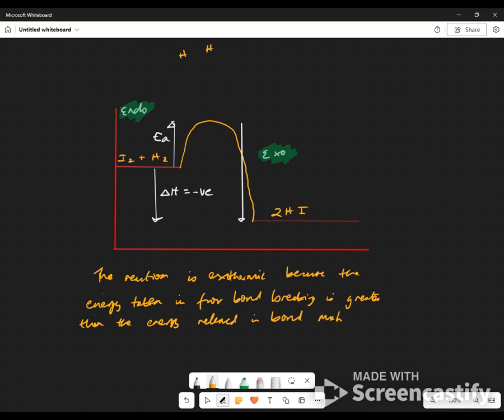That's an excellent answer. I would copy that down. So what we've got there is an overall exothermic reaction because the energy in is less than the energy out.